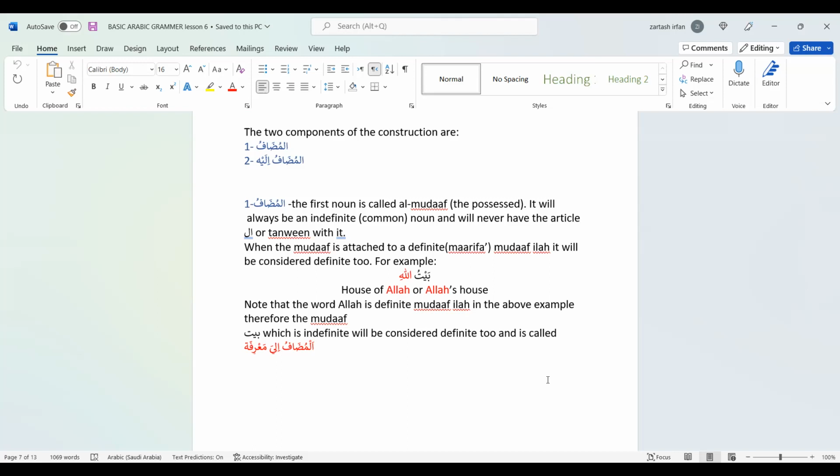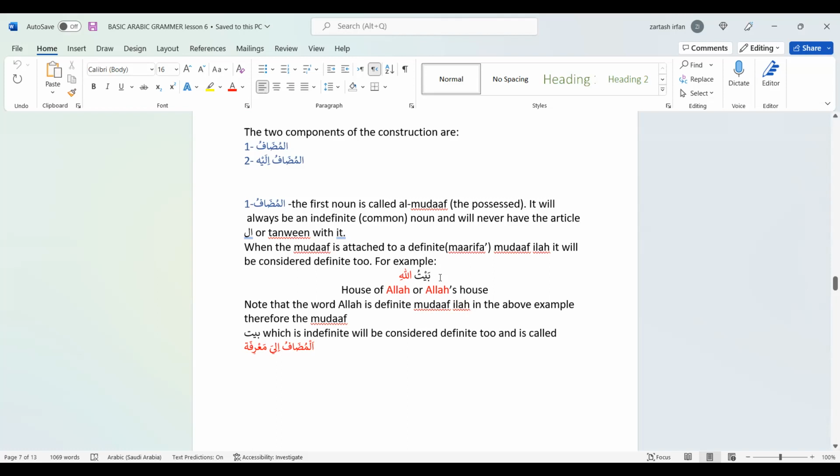That mudaf ilayhi is converting the indefinite mudaf into a definite mudaf. Because the word Allah, Lafzul Jalala, is a definite noun, it is making this nakira noun a definite mudaf.